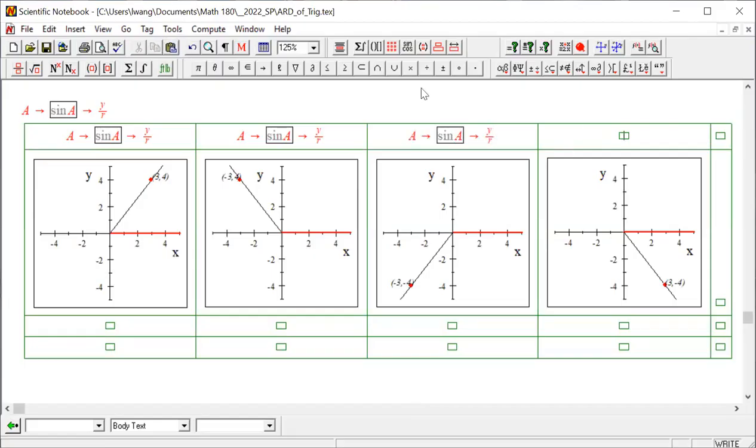Sine, in the first quadrant, is y over r because y is positive. And in the second quadrant, y is positive, and in the third, y is negative. So you can see the sign of y determines it, because r is always positive.